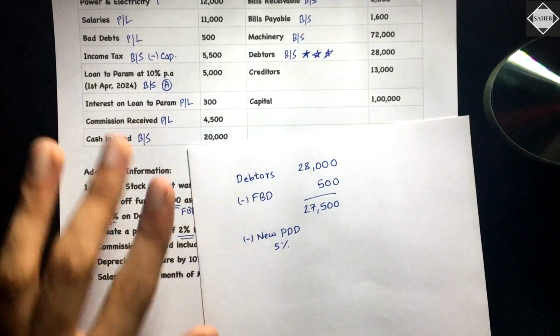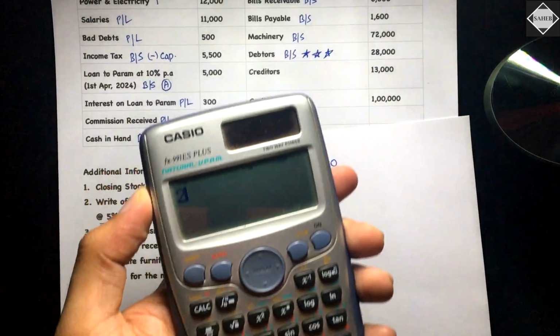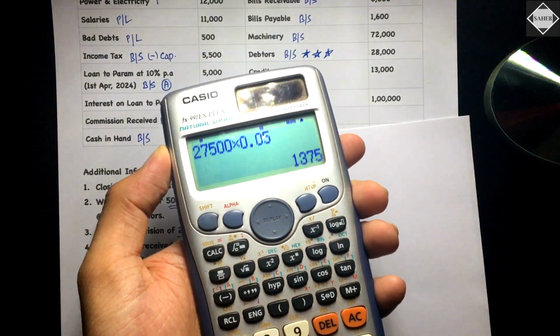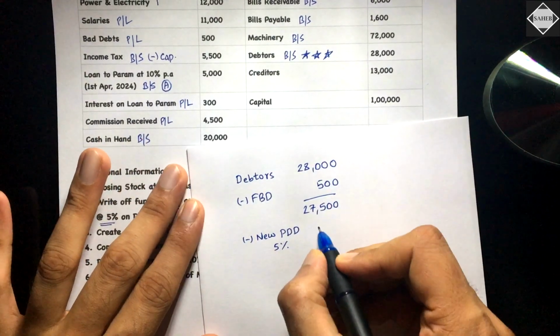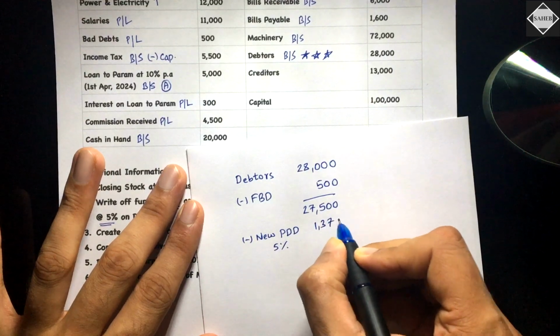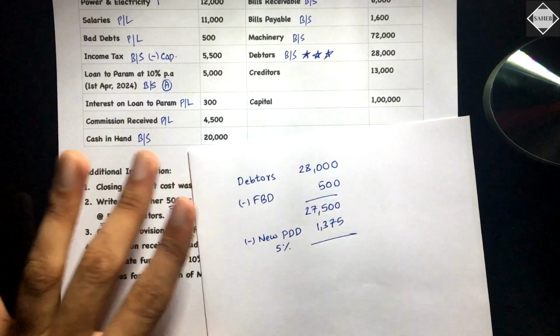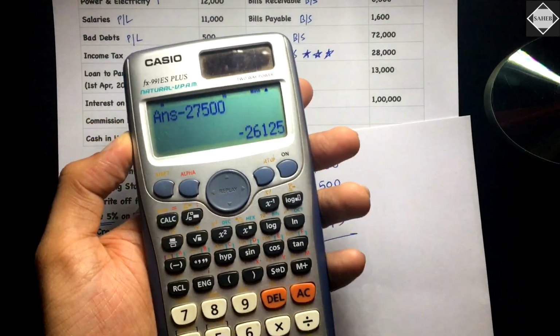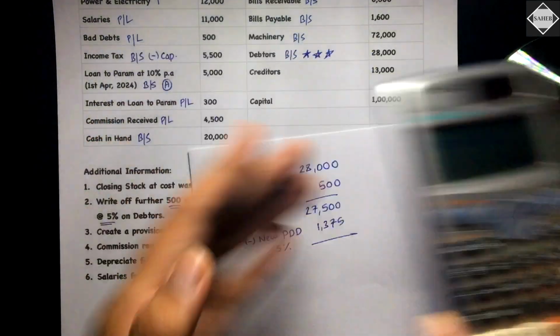So 27,500 into 0.05 is equal to 1375. 1375 is the new provision, the adjustment one. If you subtract from 27,500, you get 26,125.